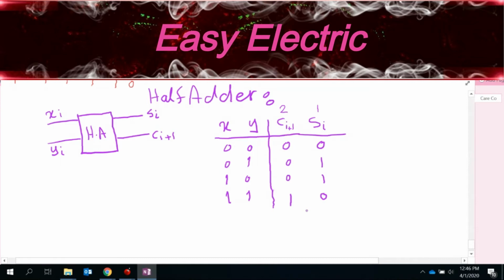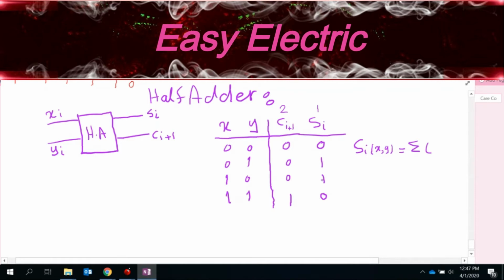Then I need to find these outputs based on these inputs, in standard form. I start with Si. Si is definitely a function of X and Y, equal to sigma minterm. Which minterms?